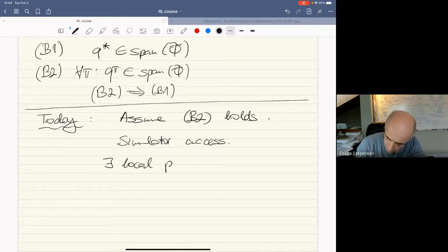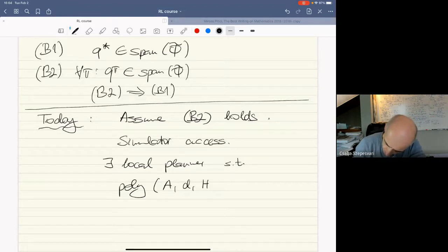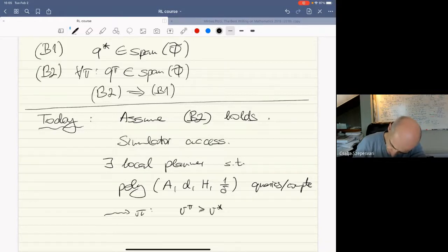Could be a planner too, such that with poly(A, B, H, 1/delta) queries and computation, the planner induces a policy pi such that this policy is delta optimal.